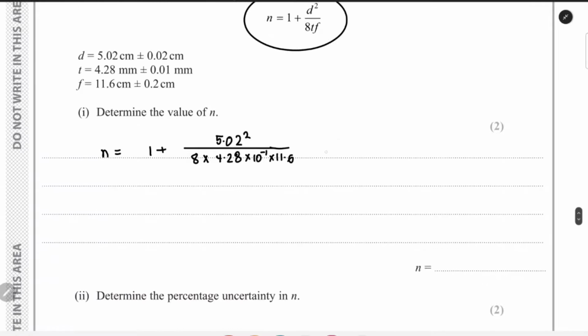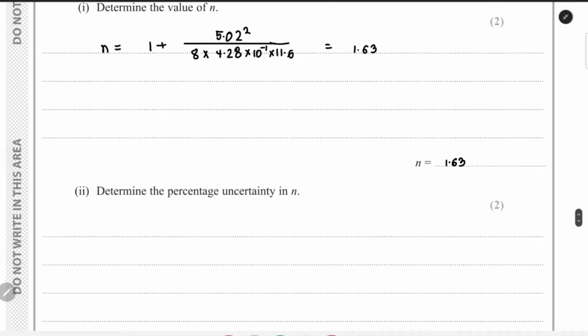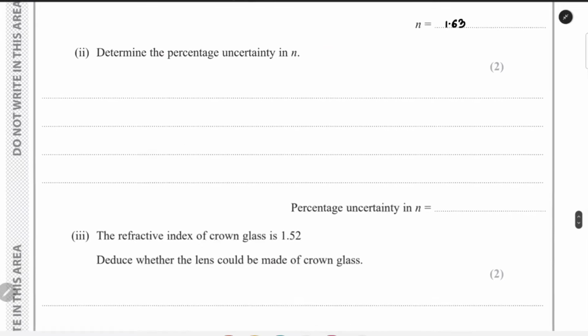If we calculate this, we get a value of 1.63. Since all of our given values are in 3SF, we'll use 3SF for our answers in this question.